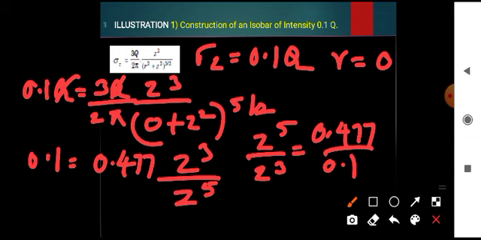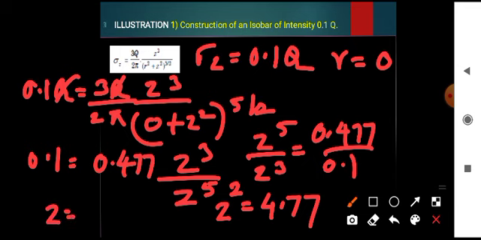Now if we solve further, on the left hand side z to the power of 5 divided by z cube works out to be z square, which is equal to 4.77. If we simplify further, taking the square root, the z value is 2.184 meter.